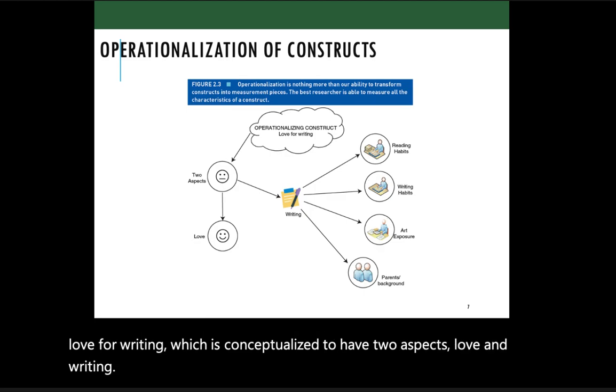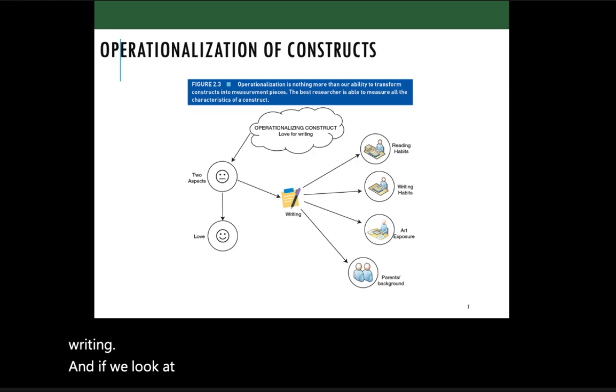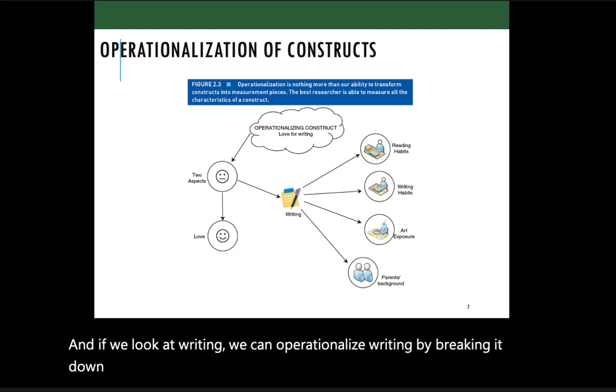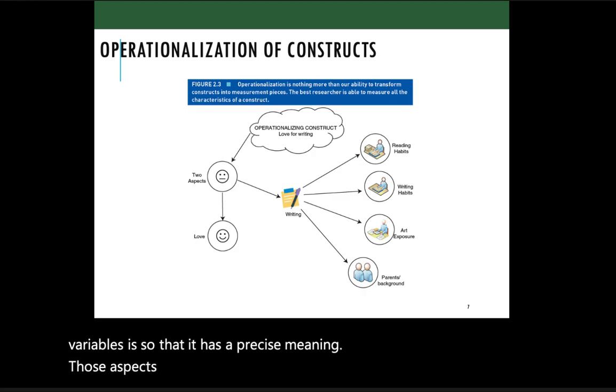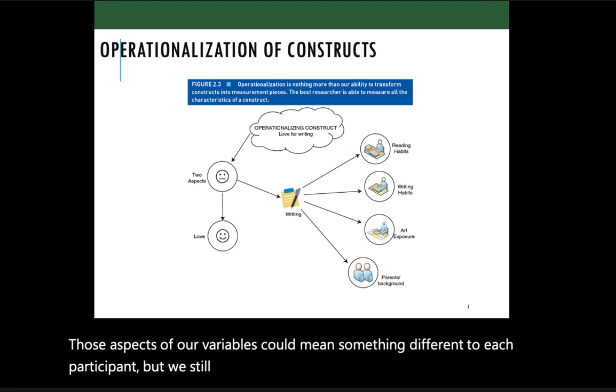And if we look at writing, we can operationalize writing by breaking it down into smaller pieces or variables and clarifying what each of those variables is so that it has a precise meaning. Those aspects of our variables could mean something different to each participant, but we still practice breaking it down.